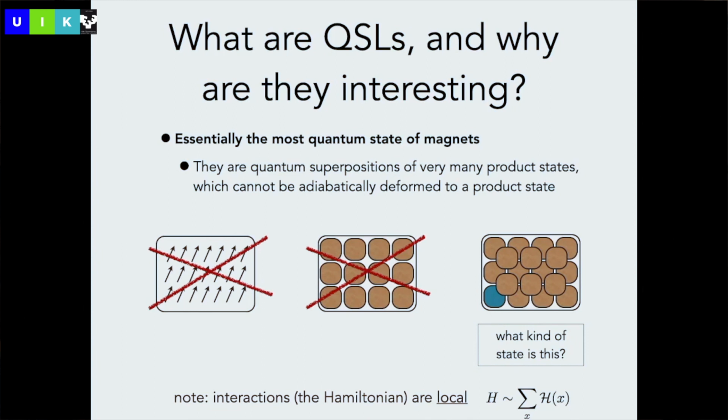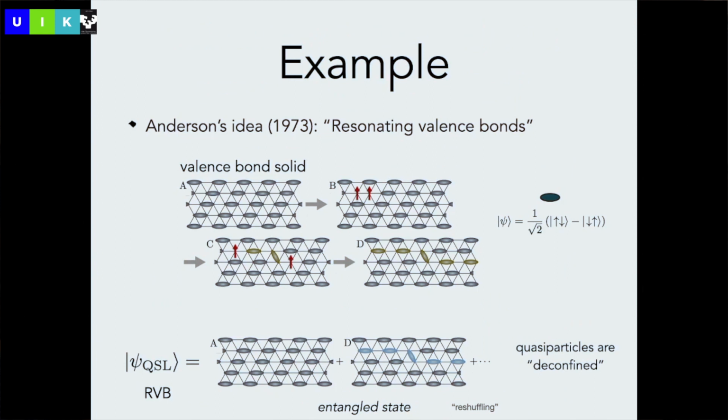So the idea of quantum spin liquids really came from Anderson, who was wondering about the ground state of spin half systems. I'm giving a short version here, and the states that he defined were so-called resonating valence bonds.